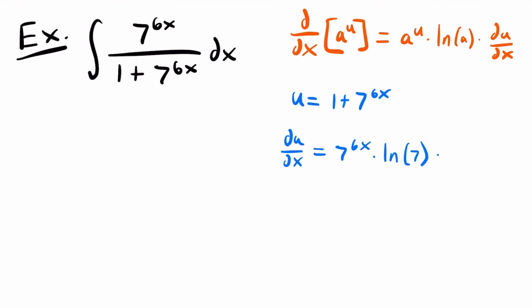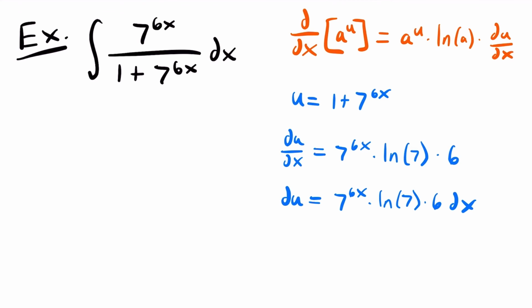And the derivative of 6x is just 6 because the derivative of x to the first power is just equal to its coefficient, which in this case is 6. And so if we solve for du here by multiplying both sides by dx, we will have that du is equal to 7 to the power of 6x times the natural log of 7 times 6 times dx.